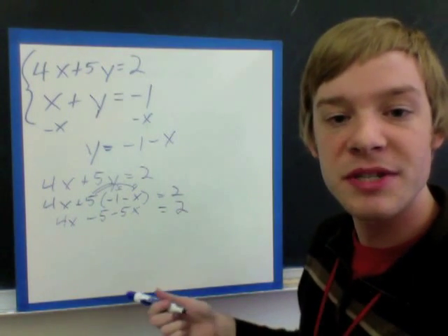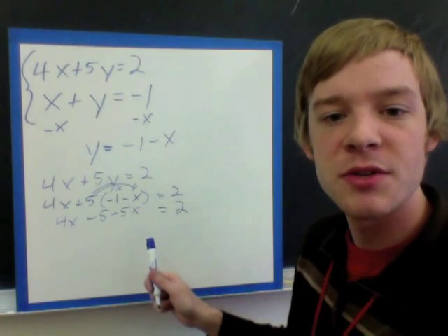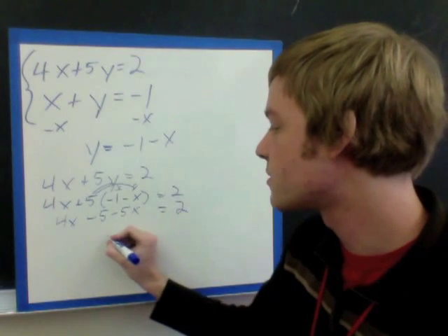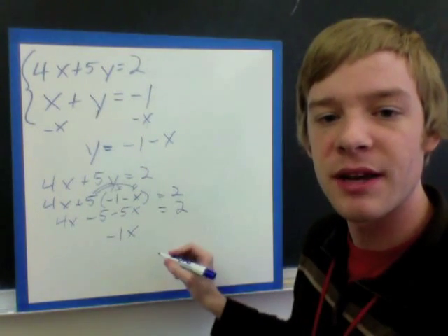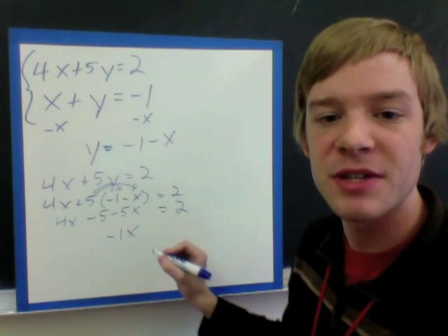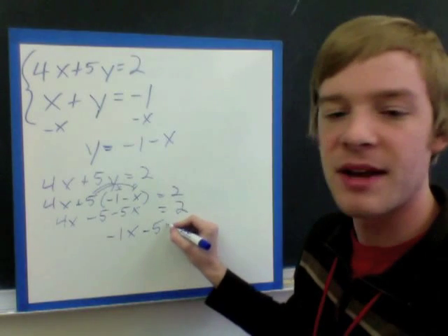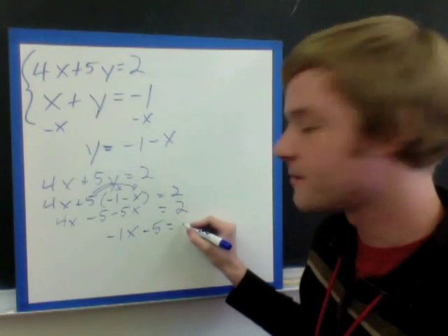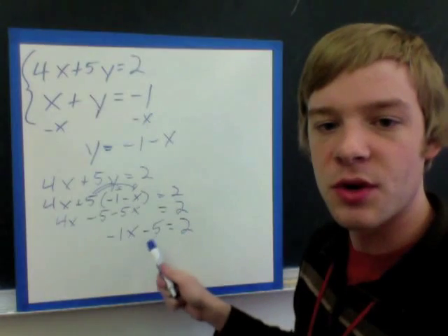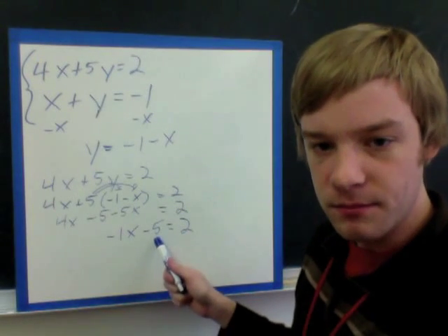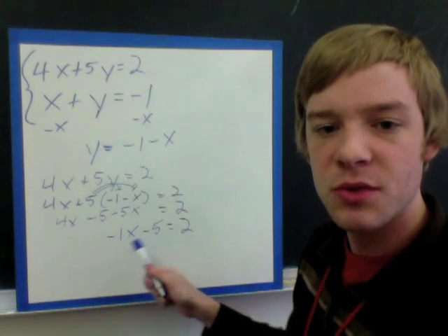So now we want to simplify. We want to combine like terms. So I've got 4x minus 5x, so that'll give me negative 1x, and we still have the minus 5 here, and that equals positive 2. So what we're going to do is cancel out this negative 5 here, so we can solve for x.